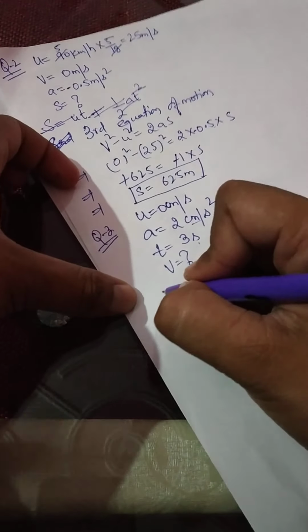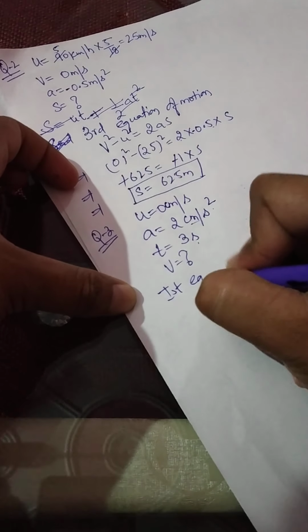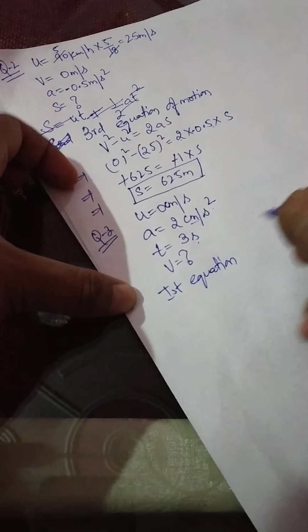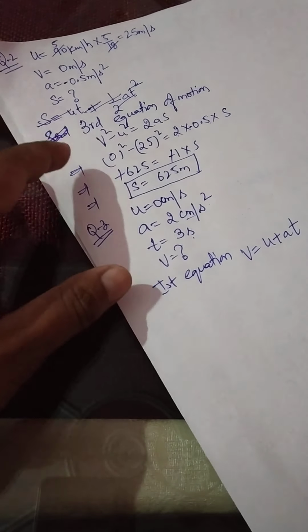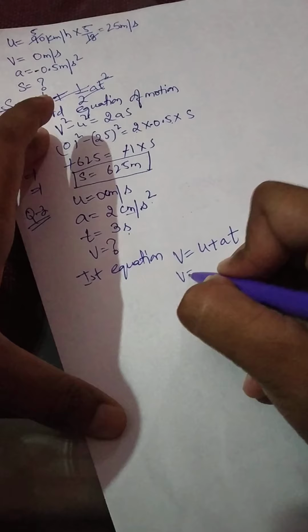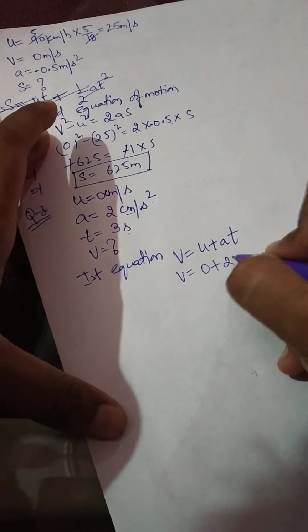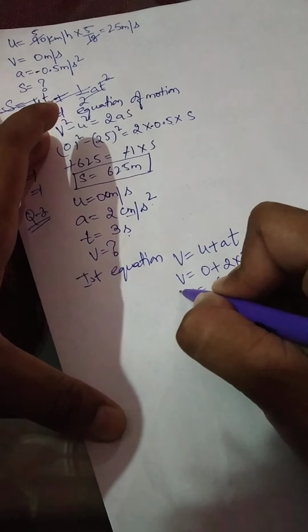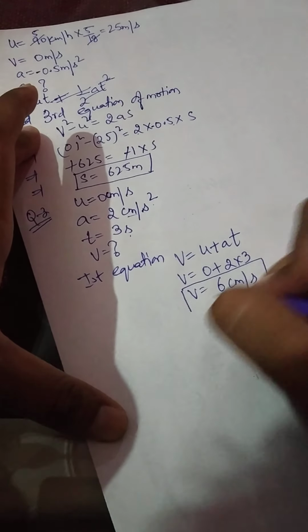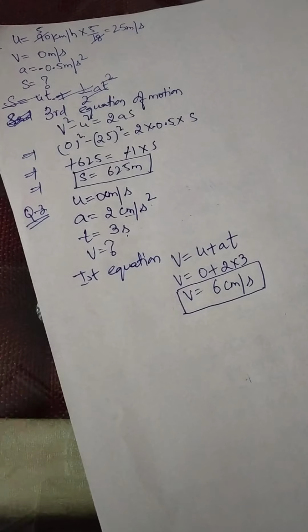So we'll make use of first equation of motion, which says v equals u plus at, which will be 6 centimeters per second. This will be the value of the speed acquired at the end of 3 seconds with an acceleration of 2 centimeters per second square.